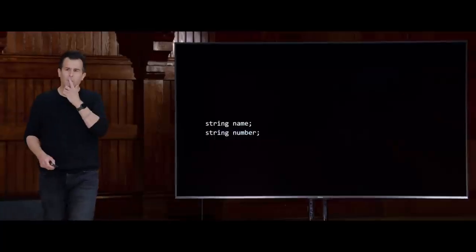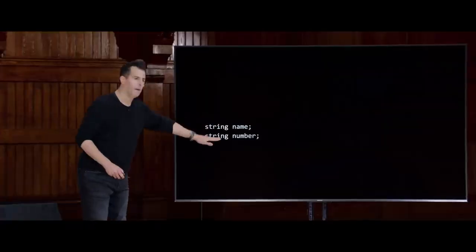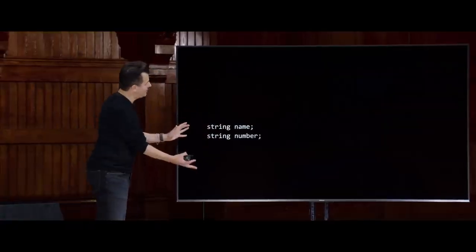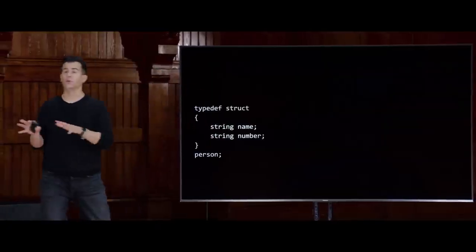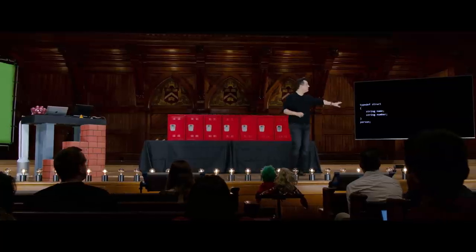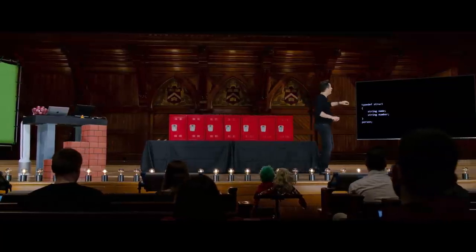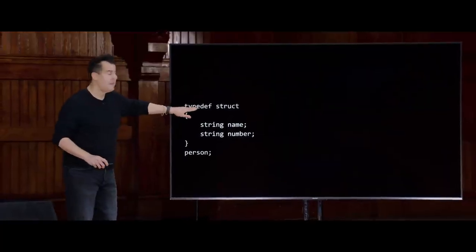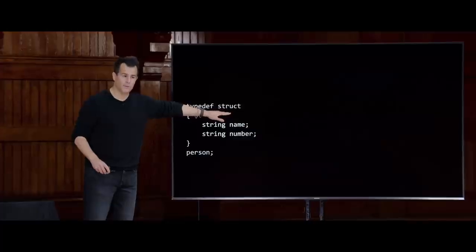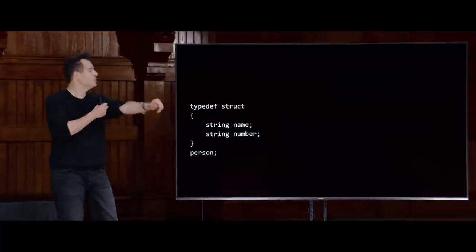But if we know a person, for our purposes, will have a name and a number, well, why don't we just give them a name and a number, but somehow encapsulate this name and number in a bit of new syntax? And so the new syntax we will introduce today is that of creating your own type that is a structure specifically. And we'll see more of these over the course of the term.